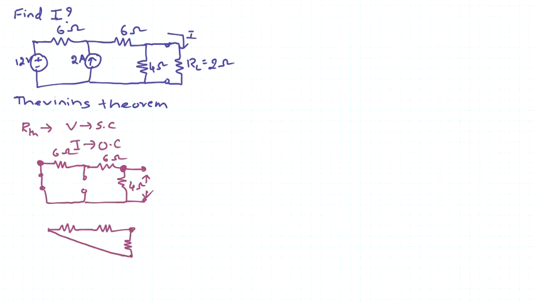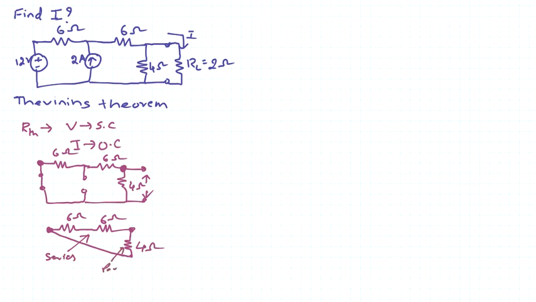So this is a node and this is another node. Okay, so 6 ohms, 6 ohms and 4 ohms. Here we can see these are in series, and this is in parallel.